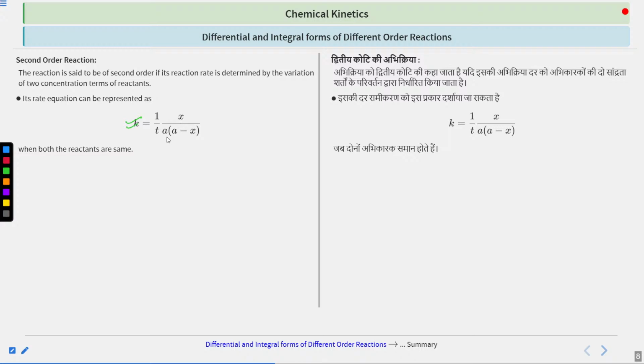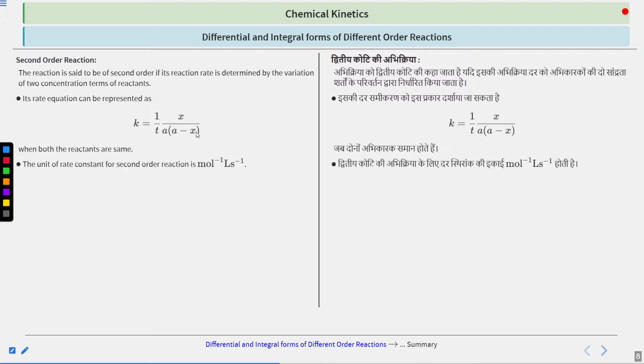One thing to notice is that if you are taking two reactants, both reactants will be the same, or there will be one reactant with power 2, meaning it is assumed that both reactants are same. Unless this is assumed, you cannot arrive at this equation. You will get a different equation in case of different reactants.